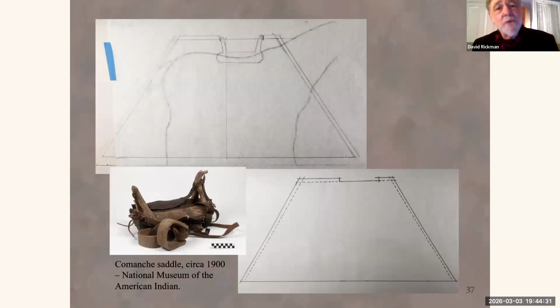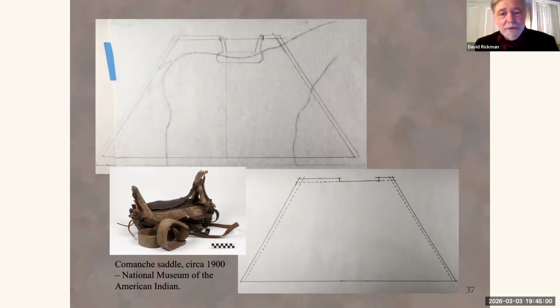So I started with the outline of a horse, and then I applied the actually quite symmetrical shape that I drew here, and tried it. And that's a Comanche saddle on the lower right to give you an idea of what it might look like supporting the armor. I'm not going to show you what happened with this thing.